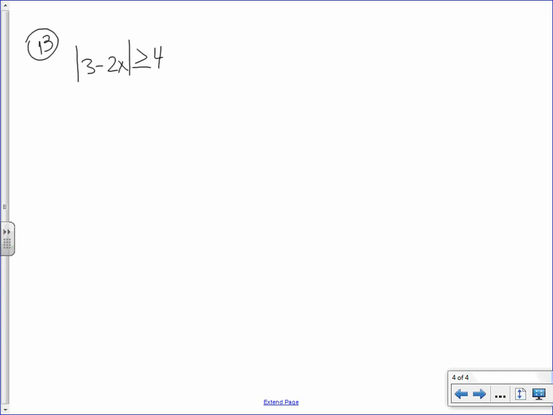All right, let's make it an equation. Then let's break it into our two cases. So I get 3 minus 2x equals 4, or 3 minus 2x equals negative 4.